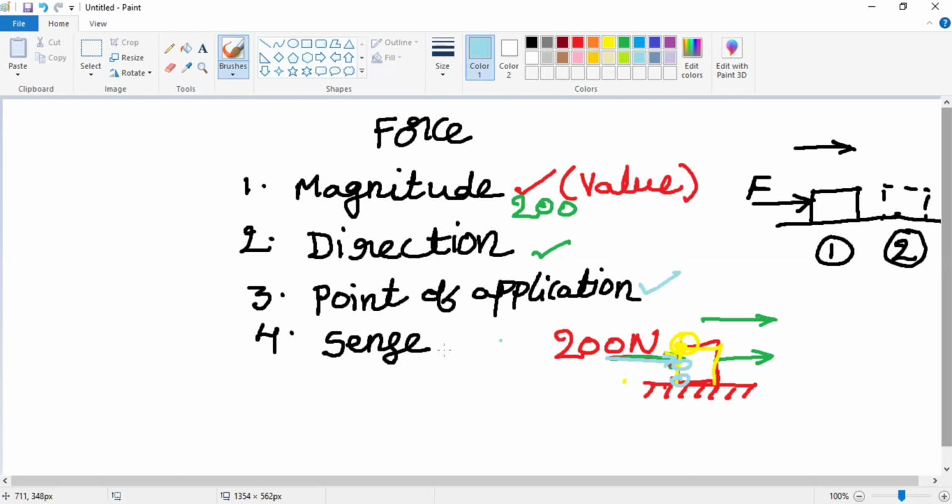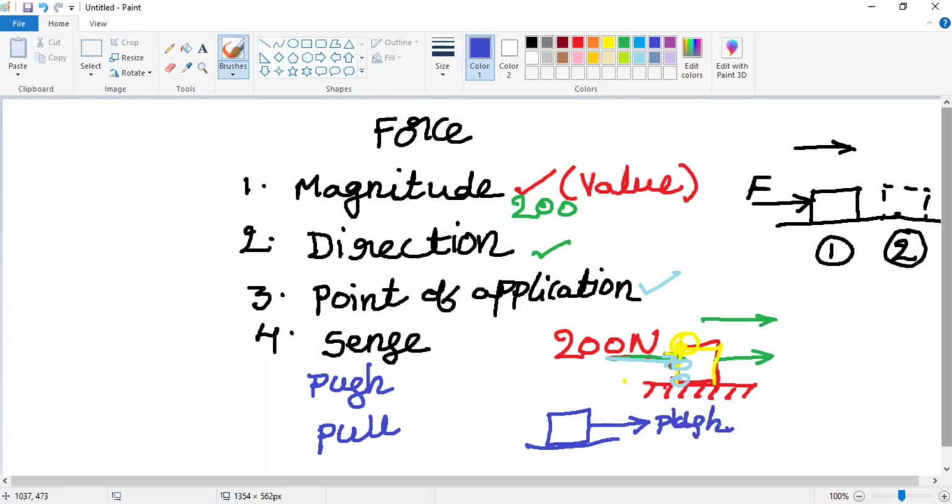Next one is the sense. Sense means there are two different terms: either push or pull. This is the body. If you apply the force in this direction, it is nothing but a push. If you want to move the body the other way, it is a pull.